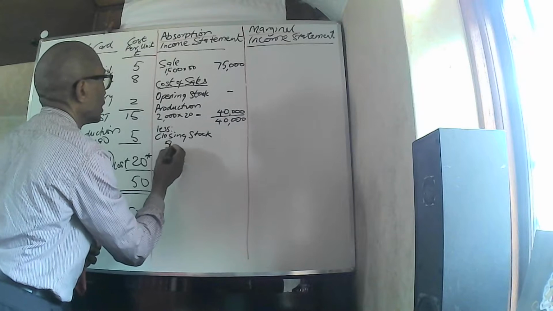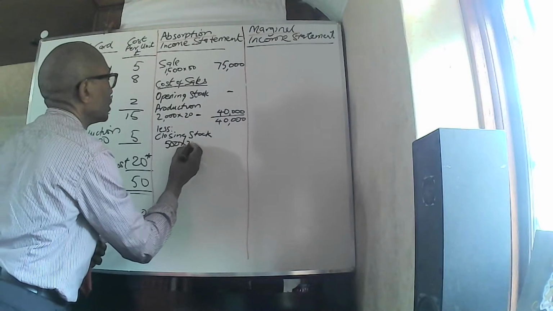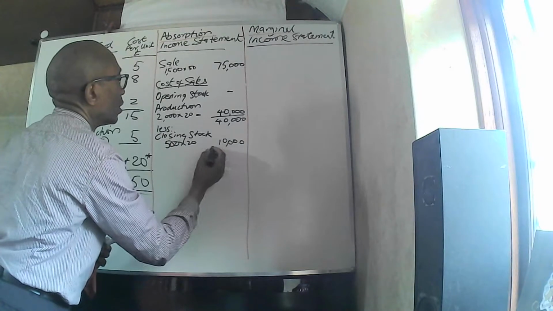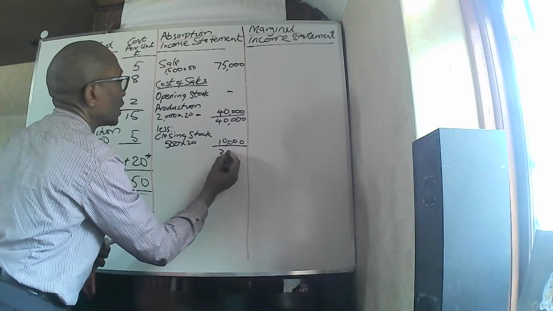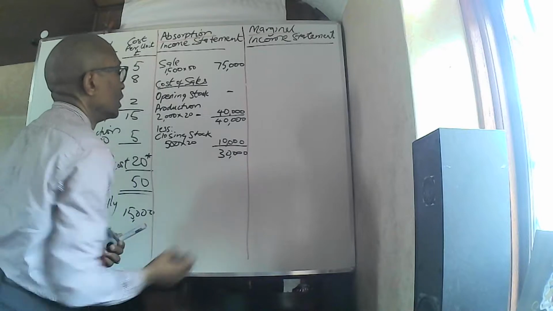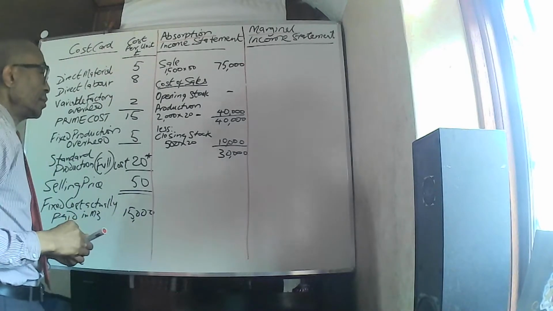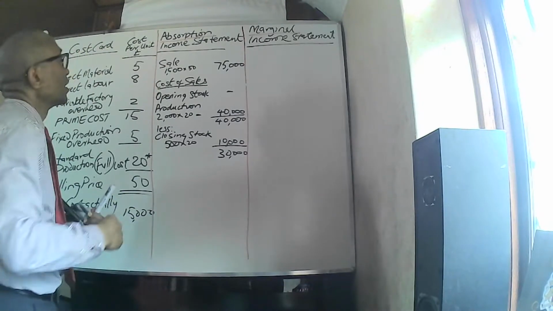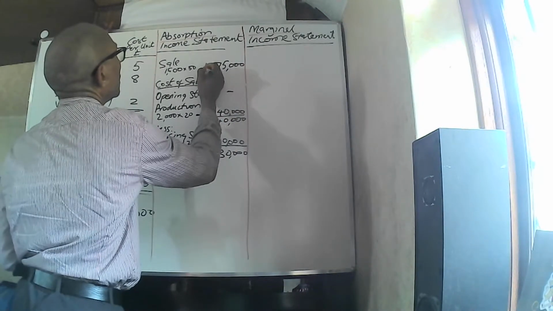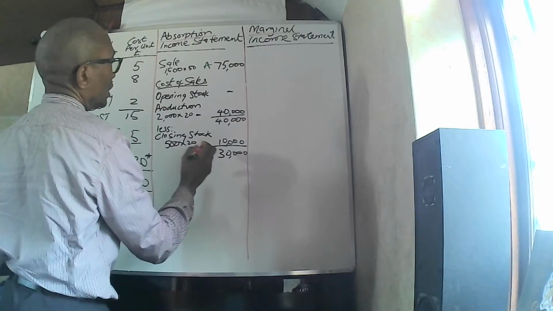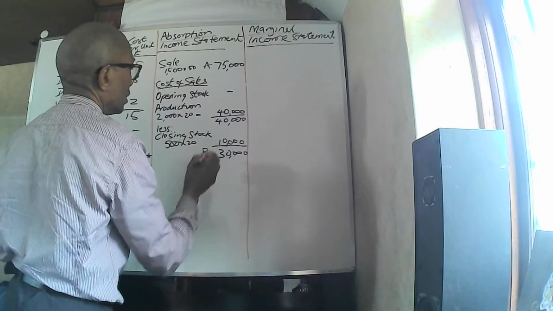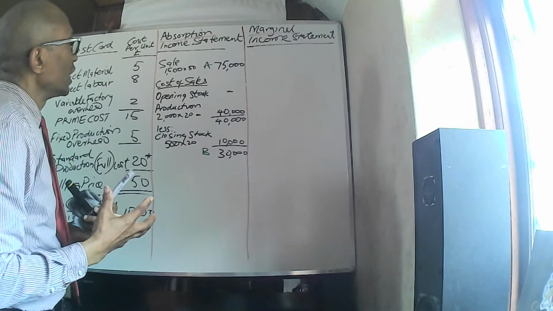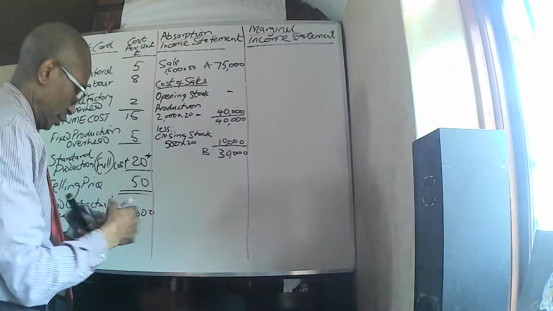With the 500 times 20, 10,000, giving us 30,000 cost of goods sold. I will mark this as A and this as B, so that I know the figures I need to add or deduct.